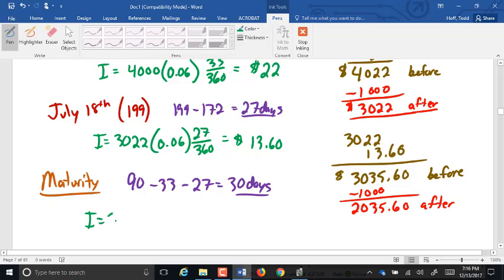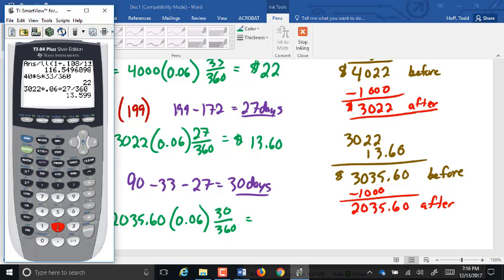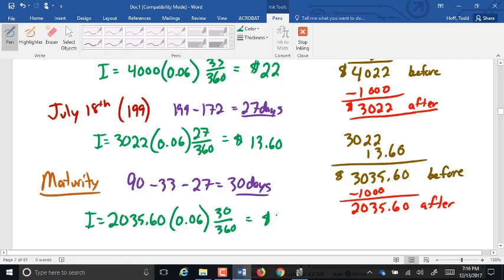So our interest is $2,035.60 times 0.06 times 30 over 360. $10.18 in interest.